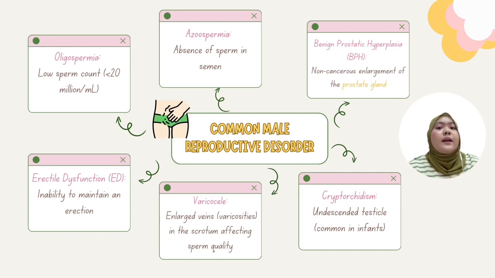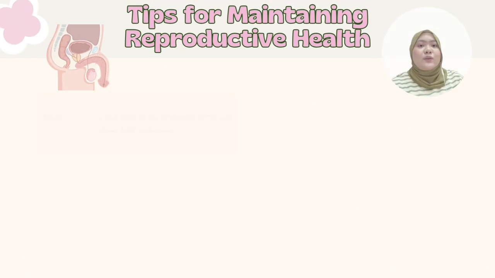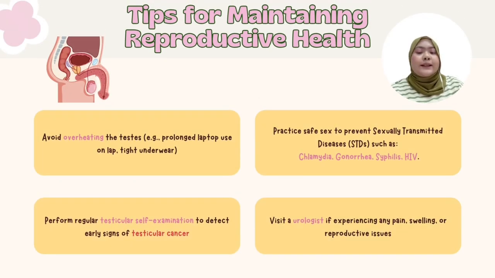Maintaining good reproductive health is important. Some practical tips include avoiding overheating the testicles, for example, by not placing a laptop directly on your lap or wearing tight underwear. It's also essential to practice safe sex to prevent sexually transmitted diseases such as chlamydia, gonorrhea, syphilis, and HIV.